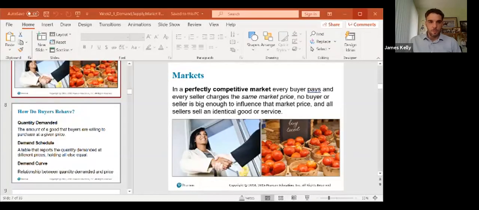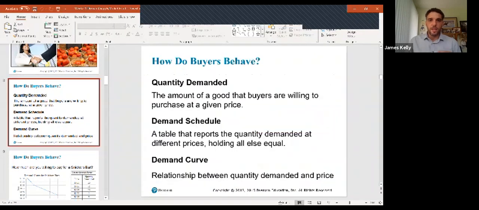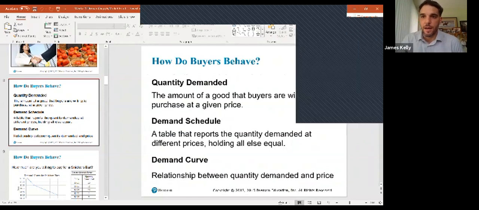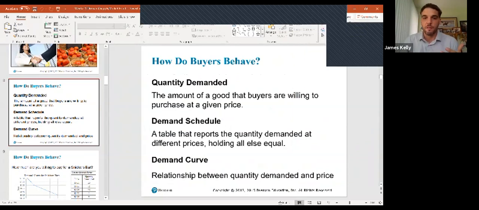In looking at demand, let's first identify a few topics. We have demand and quantity demanded, which tells you how much quantity of a good buyers are going to want to purchase at a given price. This relationship between price and quantity demanded can be represented by a demand schedule and a demand curve.